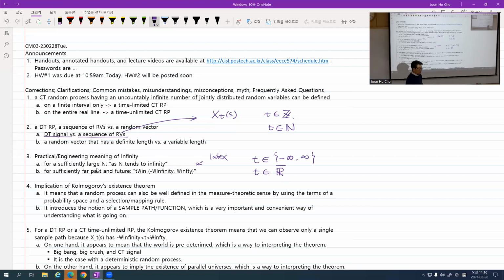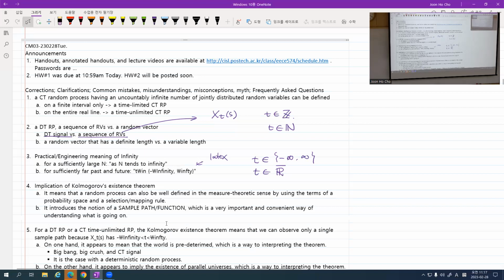However, it shouldn't be arbitrary. When you model something, including plus minus infinity, some other people may object to your choice, so be careful. Now, given that clarification, let's go back to the dilemma of Kolmogorov's existence or extension theorem.